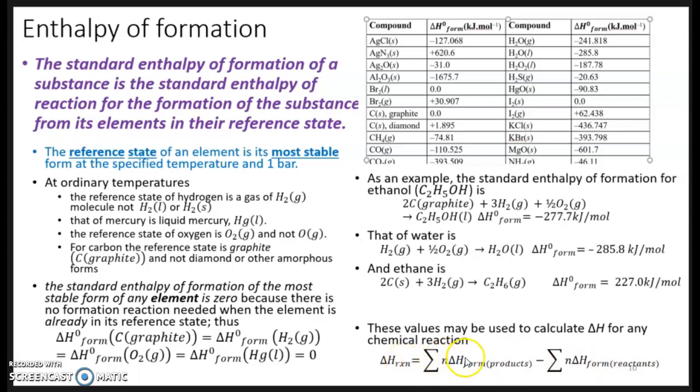Because enthalpy is an extensive property, it depends on the amount. So you would multiply the enthalpy of formation by the number of moles used in the reaction. Okay, let's look at an example.